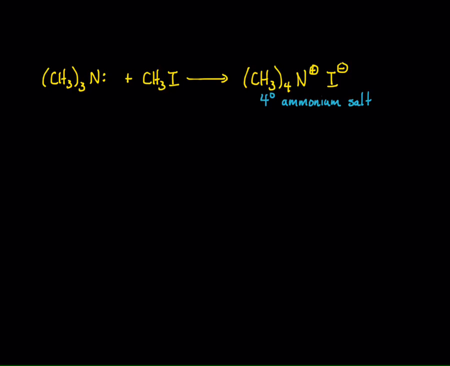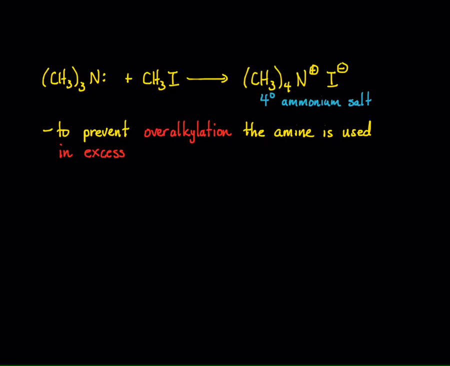Because we tend to get over-alkylation. Now, an easy way to prevent over-alkylation is that we use ammonia or the amine that we're trying to add in a large excess, and that way our product can't react with the substrate with the leaving group.